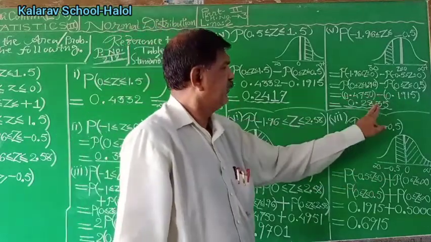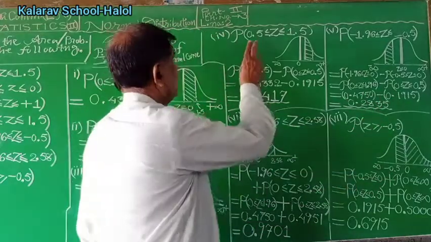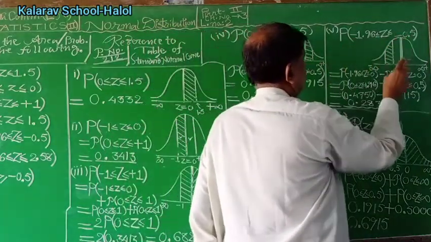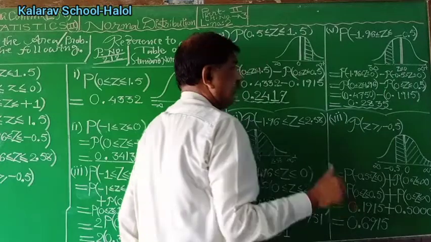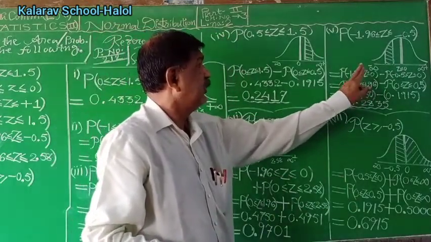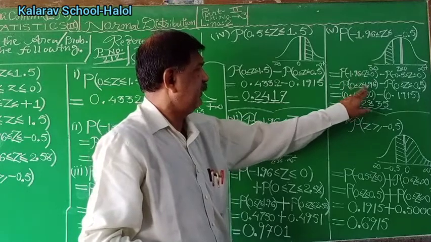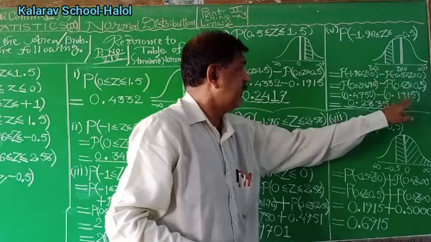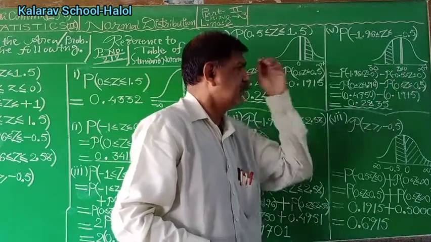The subtraction will give you the answer. In the earlier case both values have a plus sign, therefore they are on the right side of 0. Here both have a minus sign, therefore on the left side of 0. But we know that minus 1.96 to 0 is the same as 0 to 1.96, and minus 0.5 to 0 is the same as 0 to 0.5.